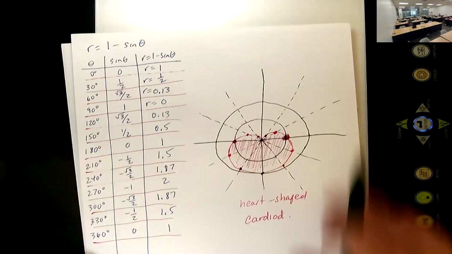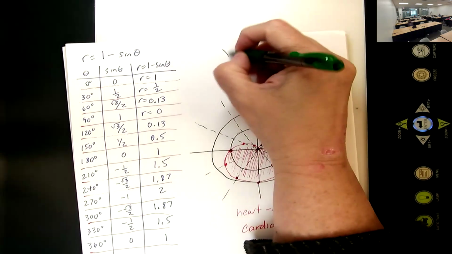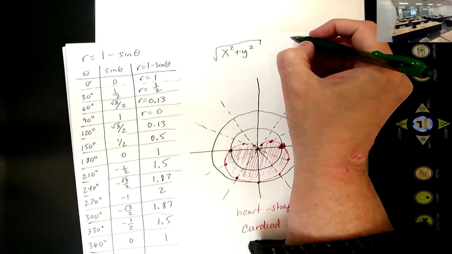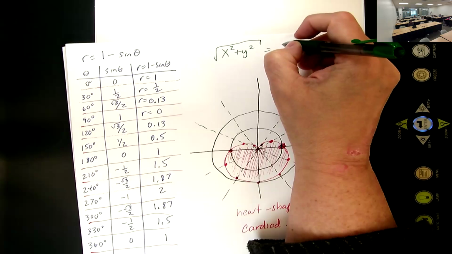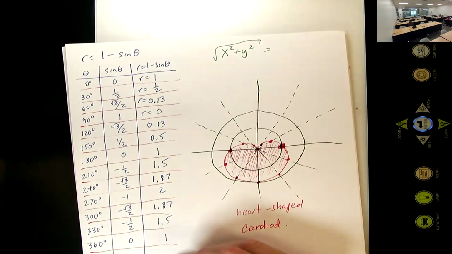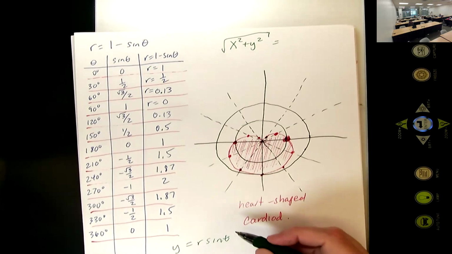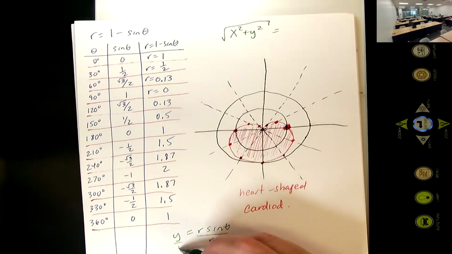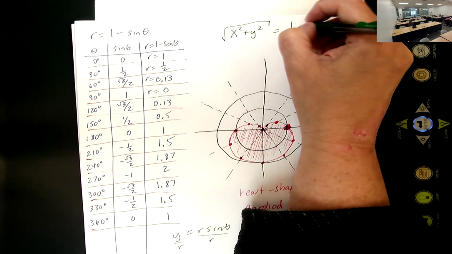So we have r is the square root of x squared plus y squared. And sine theta. We had y equals r sine theta. So sine theta is just divide by r. Sine theta equals y over r.